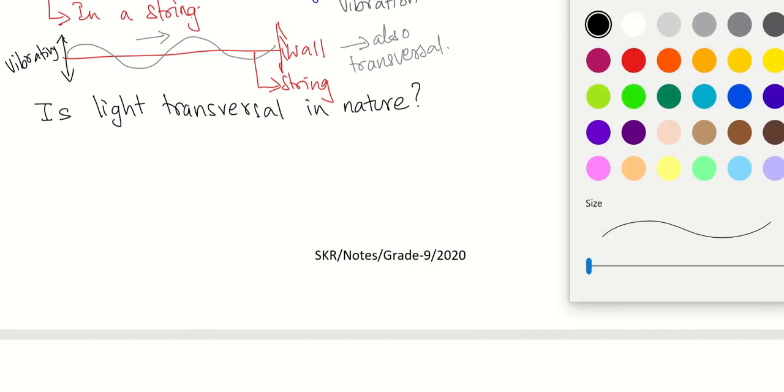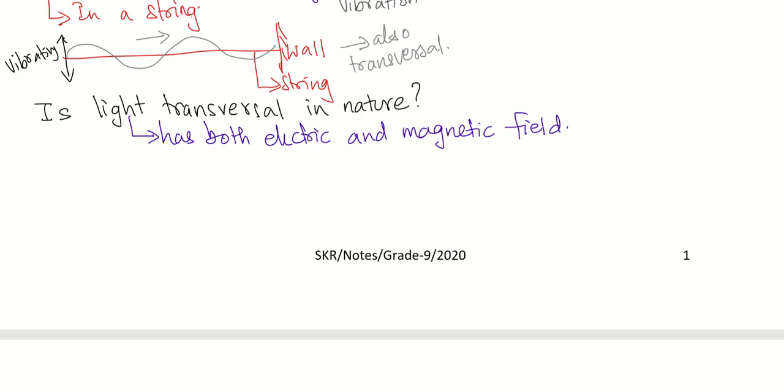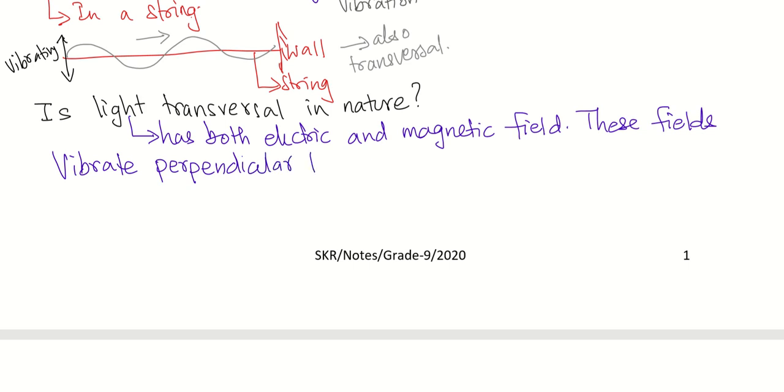We know that light has both electric and magnetic fields. These fields vibrate perpendicular to each other.